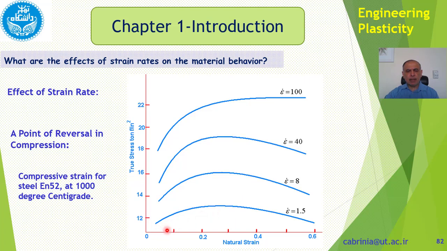It means that as we increase the strain, the load decreases. We want to know why this happens. Note that we have this 1000 degree here. It happens at 1000 degree.